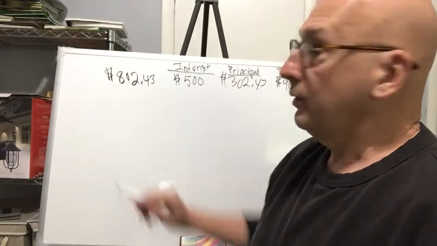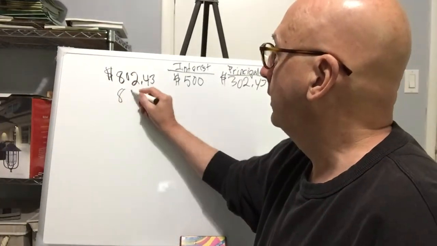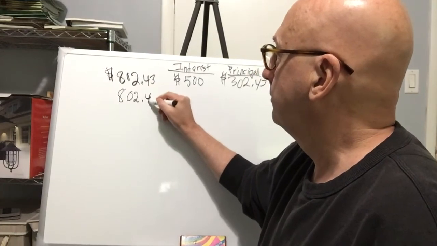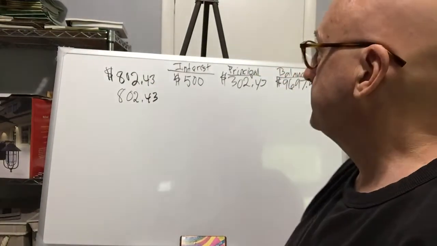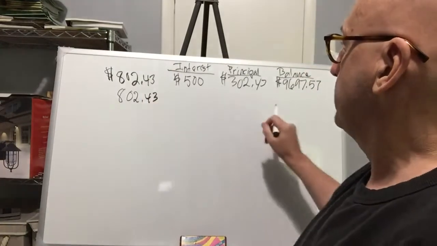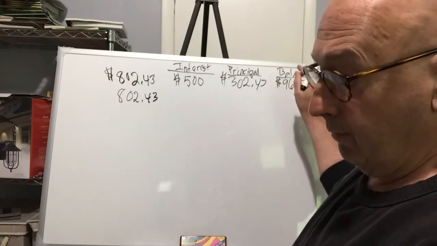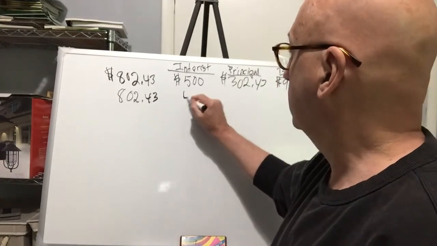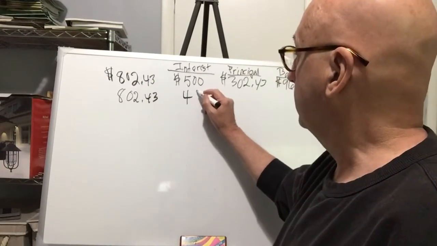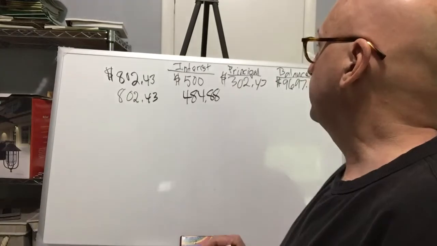So on that December 31st payment of that year, the borrower is still going to pay her $802.43. But now the interest is going to be calculated on the new balance. And so 5% of this amount means the interest due here is $484.88.